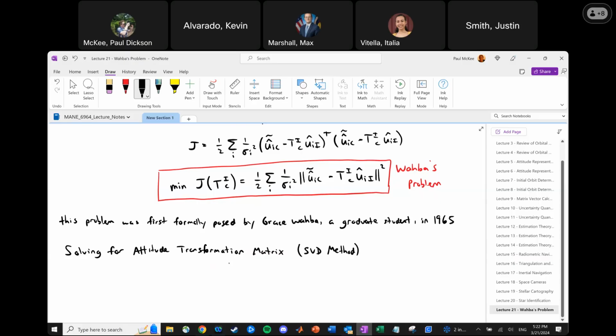This one is my favorite because it is fewer lines in MATLAB, and because I'm lazy. I mean, I'm efficient and I like to do things efficiently. So we will begin by restating Wahba's problem in vector form.